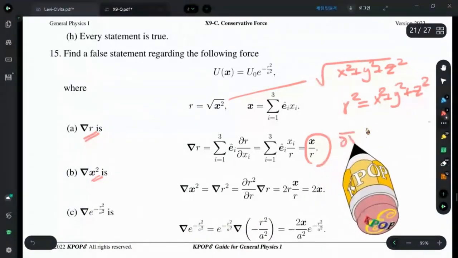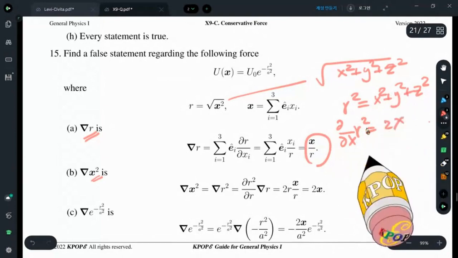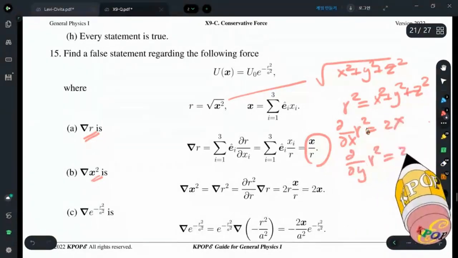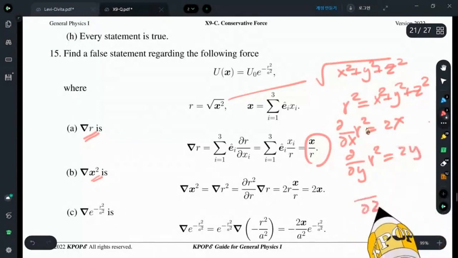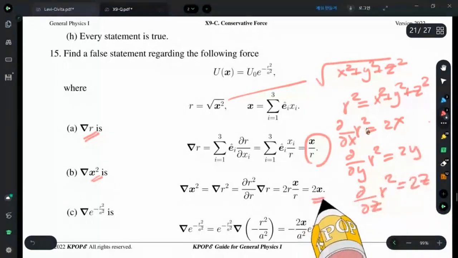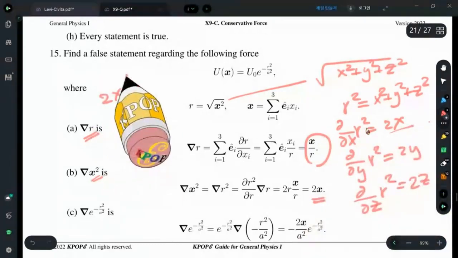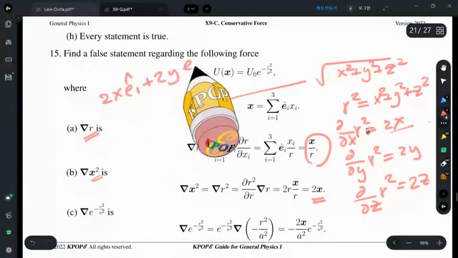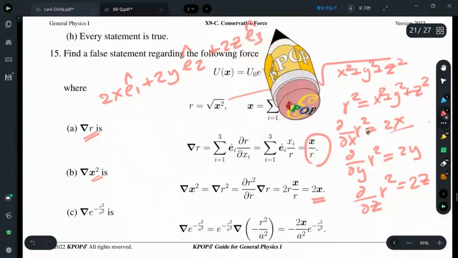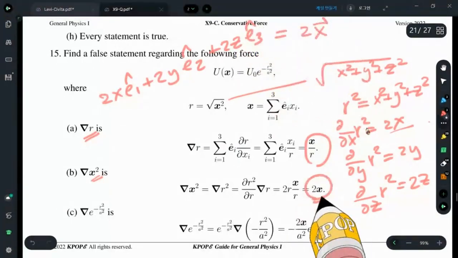So why don't we take the partial derivative of r squared: that is 2x with respect to x, 2y with respect to y, 2z with respect to z. So 2x e1, 2y e2, and 2z e3. Aha, that is 2 times x vector, right?